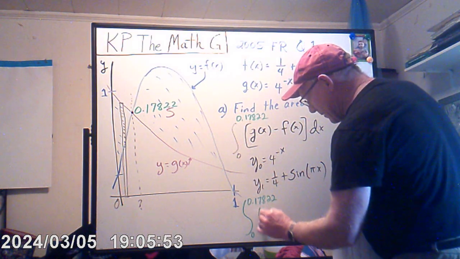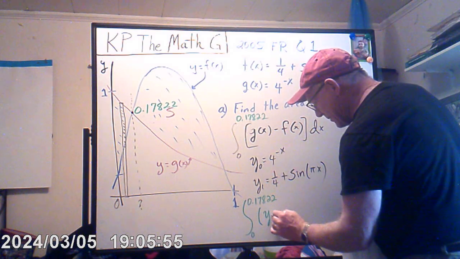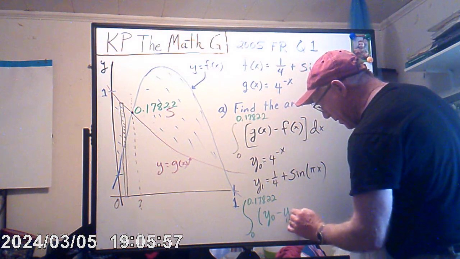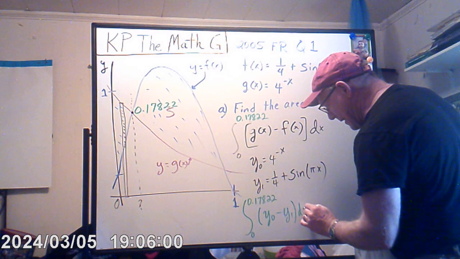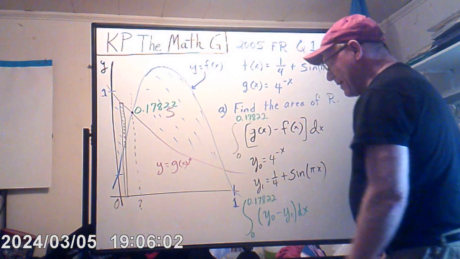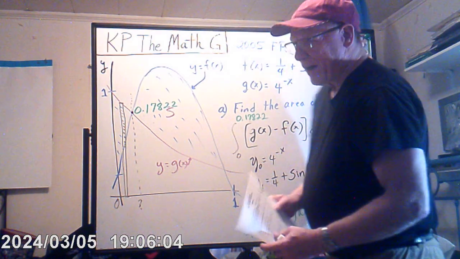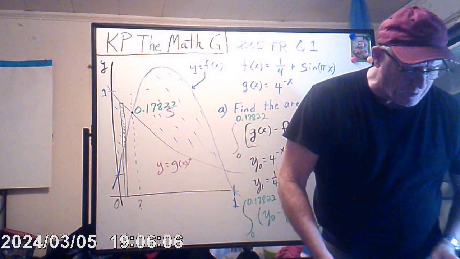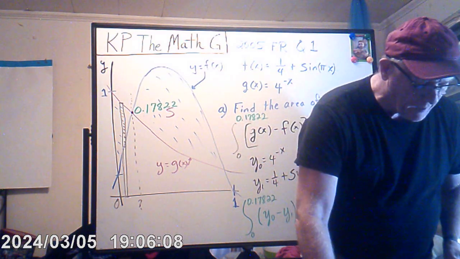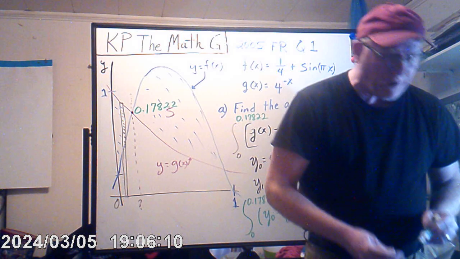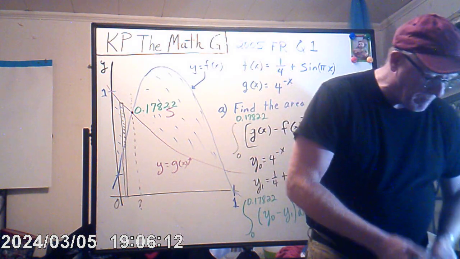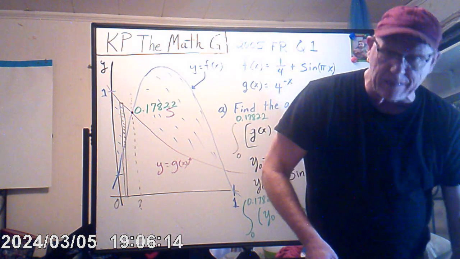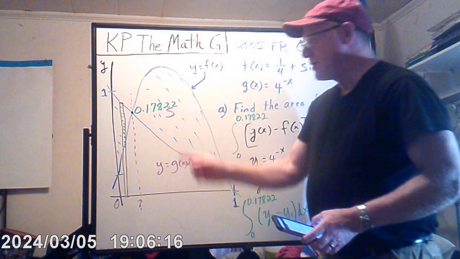I can fix it where it can have the y0 minus y1, dx like that, and I can show you how to get to that once you put this in, but you've got to put it in your calculator to graph it first and find that point of intersection. That's important that you understand how to do that.